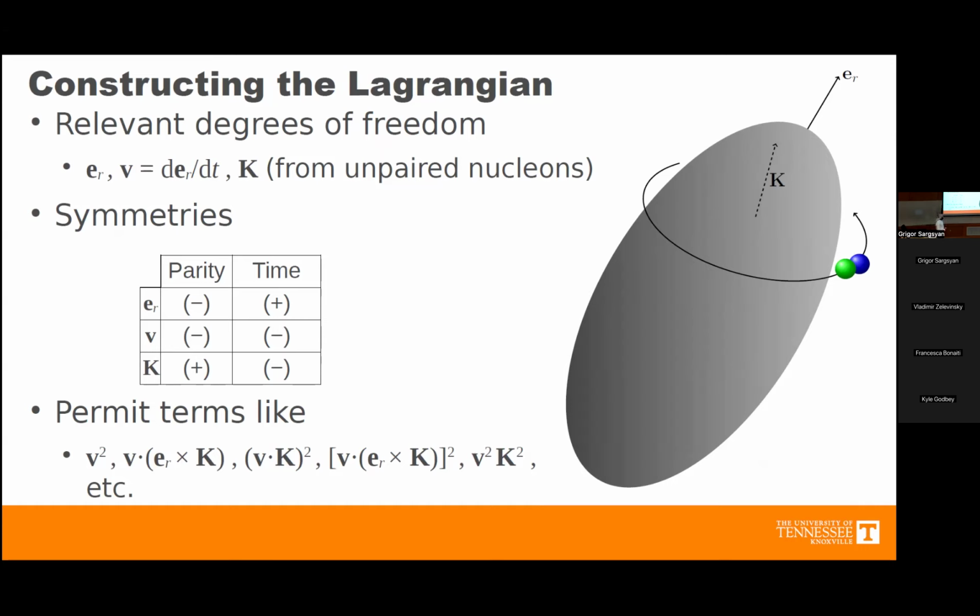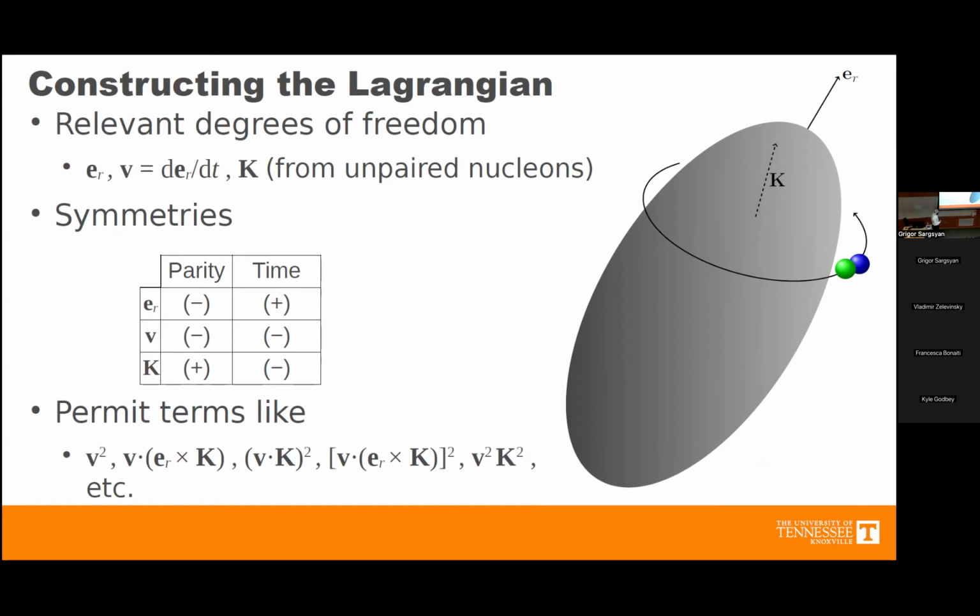That together with its associated velocity, as well as the total angular momentum K of the unpaired nucleons here. Now, we do assume that the core moves slowly enough that we can employ an adiabatic approximation. So we assume this K here to be relatively constant, precessing with the nucleus as it undergoes these rotational excitations.